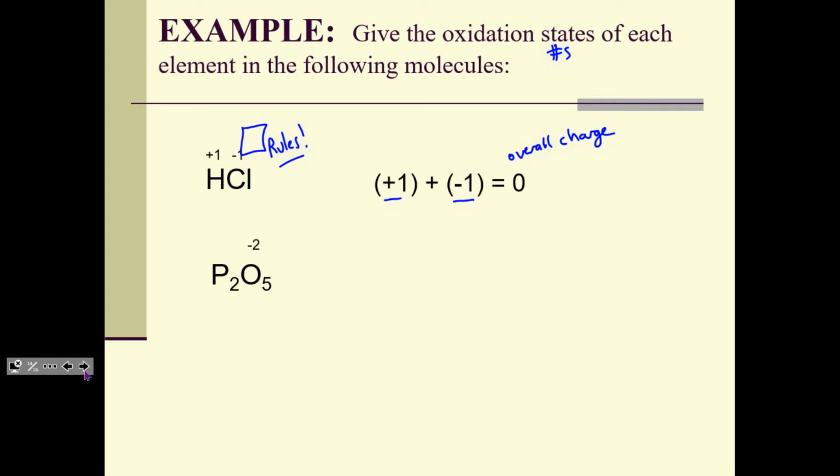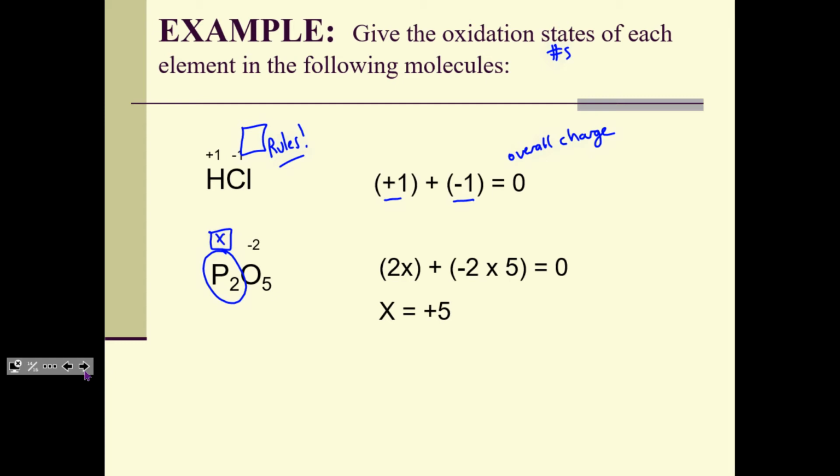P2O5. From our rules, we know that oxygen is a -2. However, we don't quite know what phosphorus is. So we have to actually set up an equation to solve for phosphorus. So I don't know what the charge is, the oxidation number on phosphorus. So that's my X. That's what I'm trying to figure out.